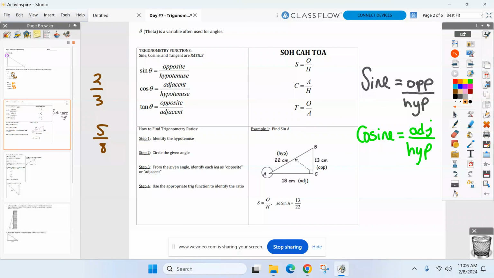That's how you can find that ratio. The third and final one is called tangent, the tangent ratio. Abbreviated when we use it in a problem, T-A-N. And that one is the opposite side over the adjacent side. That's how you find that ratio.